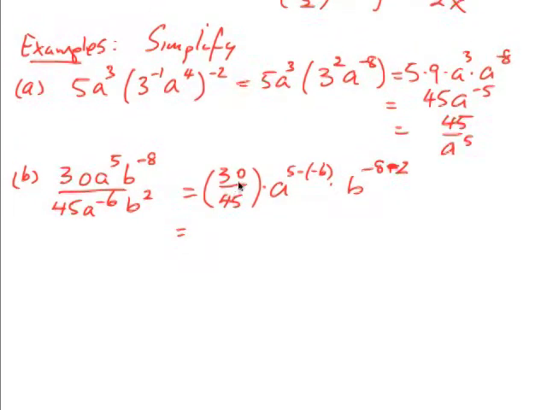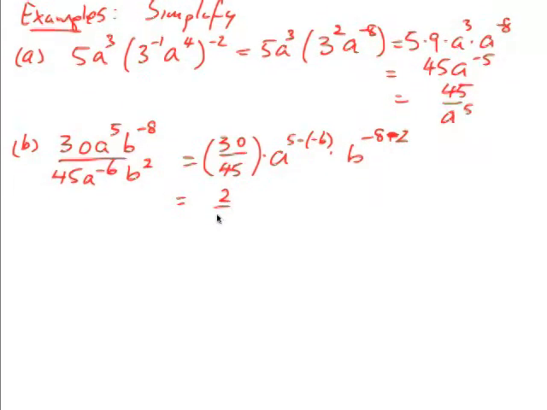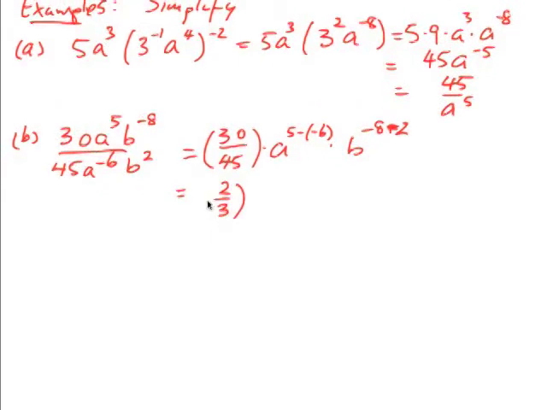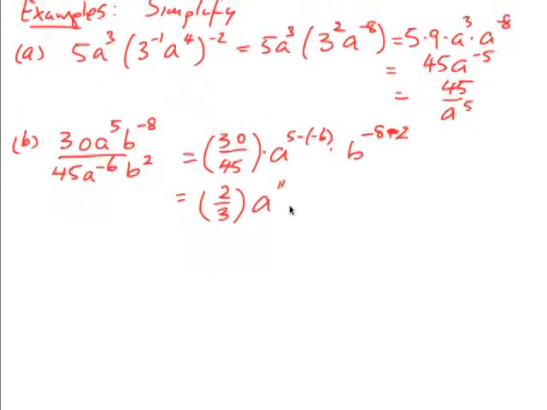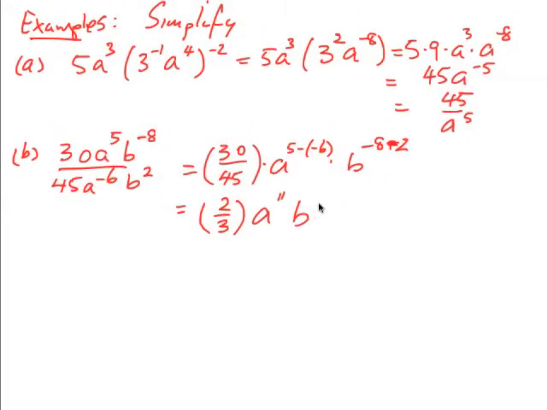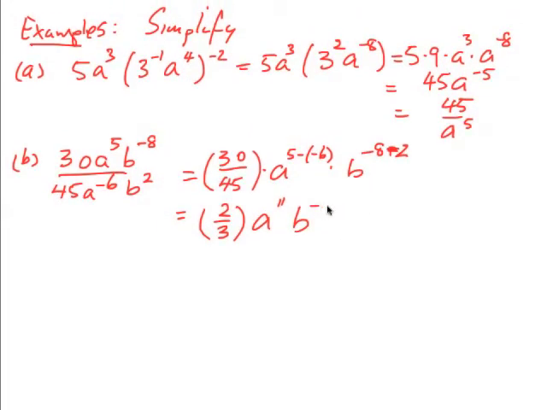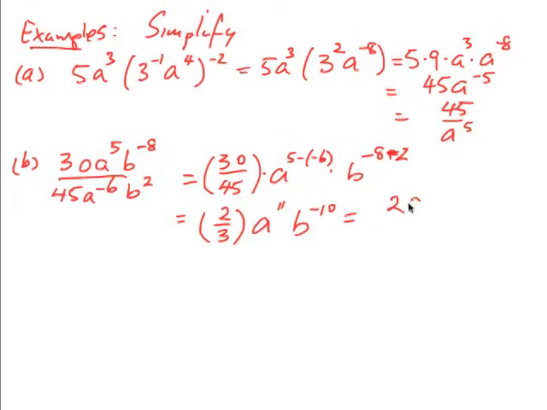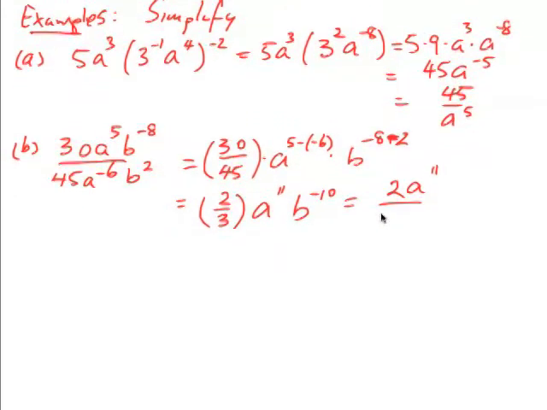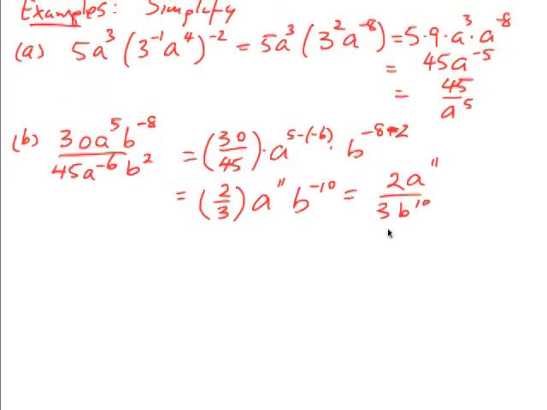So we're going to end up with, now we can go by 15s here, so that's 2 on 3. And here we're going to have a to the 11, and here we're going to have b to the negative 10. So when we do positive exponents, this will be 2a to the 11 over 3b to the 10.